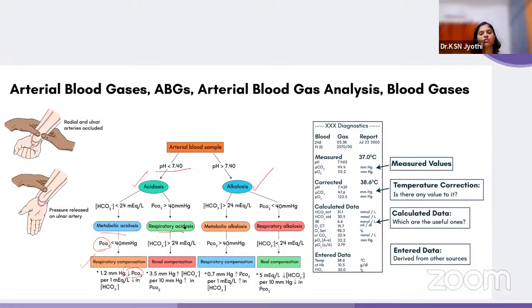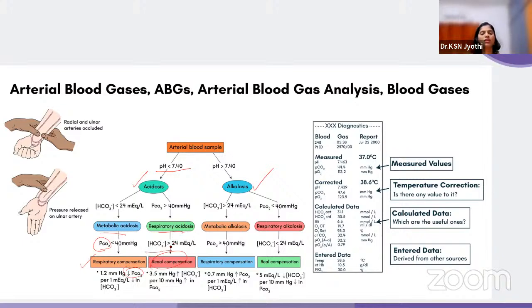Whereas in respiratory acidosis, you will see that there is a renal compensation that takes place. In either case, if the blood is not able to maintain, then the kidneys will try to compensate. If the kidneys are not able to maintain, the respiratory system will try to do the compensation. So in either case, it is maintained.